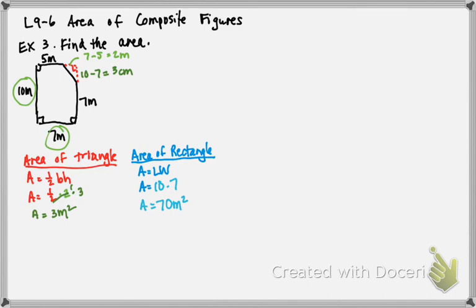So we're basically going to take the area of the rectangle, and we're going to subtract from it the area of the triangle. So we end up with 70 minus 3.